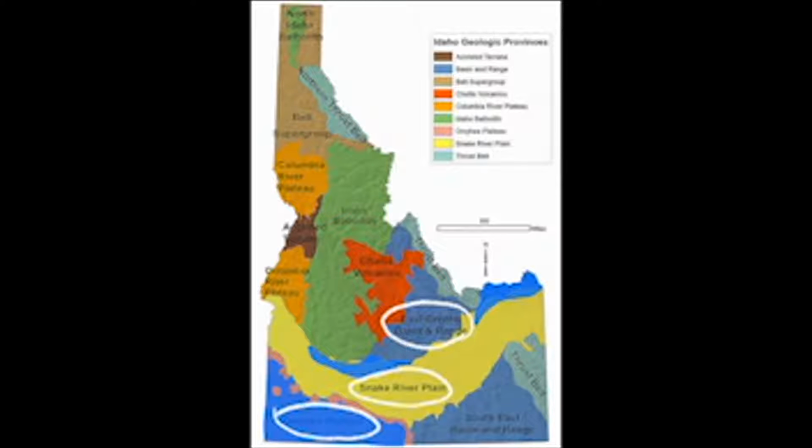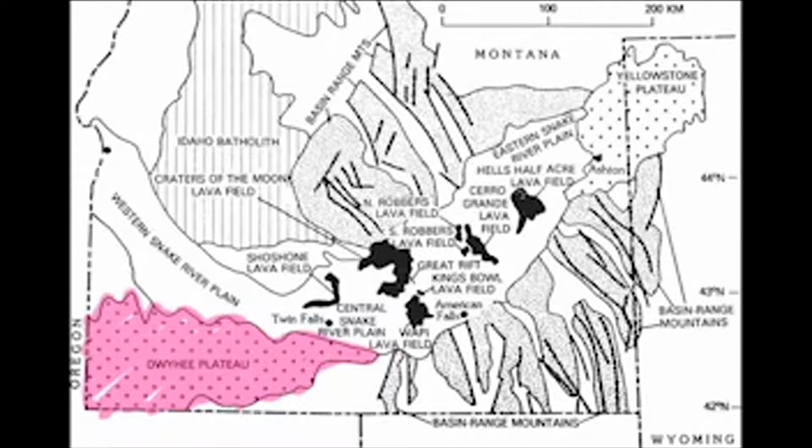The Owyhee Volcanic region consists of the Owyhee Plateau, the Basin and Range, and the Snake River Plain. The Owyhee Plateau is a region in southwestern Idaho related to the Snake River Plain, but it remained a highland region of Idaho and Yellowstone volcanics and the Snake River basalt.